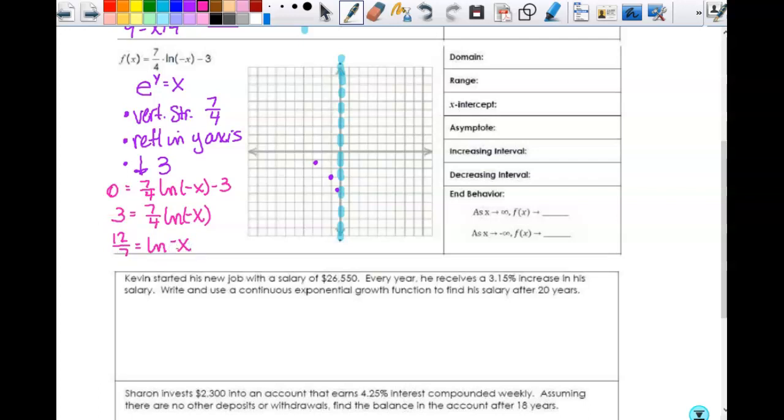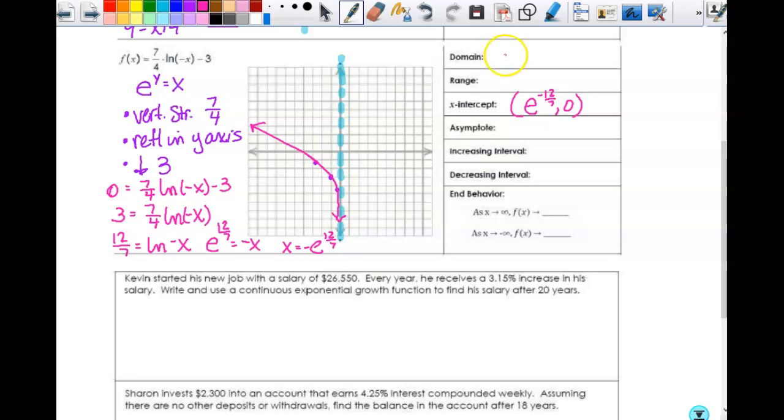So that means e to the 12/7 power equals -x, so x equals -e to the 12/7 power. All right, so that is my x-intercept: -e to the 12/7 power, comma 0. Well, I'm not even going to try and guess where that is, so we'll just sketch in my graph. Looks something like that.